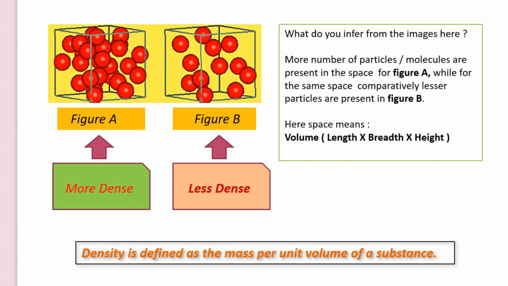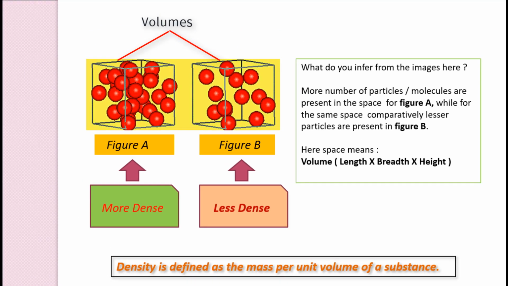These two yellow boxes that you see are actually cubes or cuboids, whatever you take. But the thing that you have to notice over here in figure A and figure B is that the volume of these two cubes or cuboids is the same. That is, the product of the length, breadth and height remains the same for these two vessels. Now observe the spheres, the red color particles that are present.